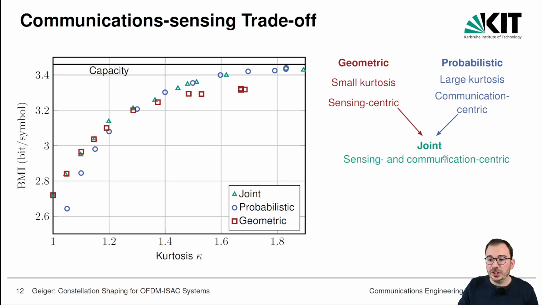Joint constellation shaping now inherits the degrees of freedom and therefore the advantages of both shaping methods. And so with joint constellation shaping, we are now able to achieve the performance of the superior shaping method.